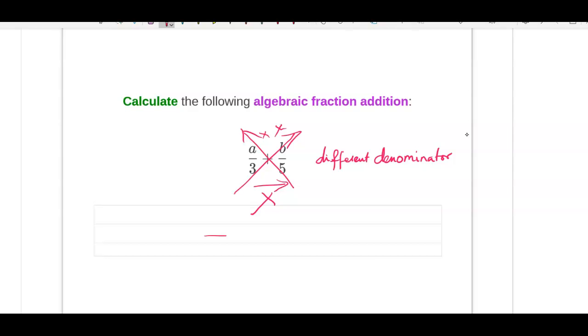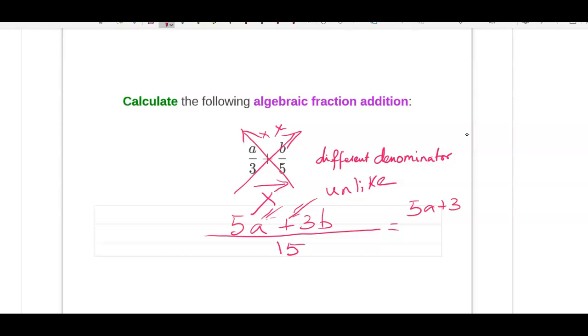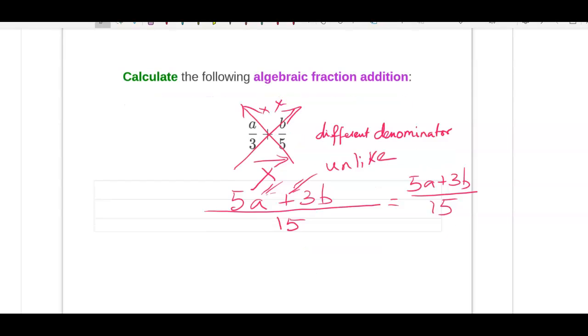So I'm going to solve it. 15 and 5 times a plus 3 times b. Unlike terms, they are not similar. So final answer will be 5a plus 3b over 15. Nice and easy.